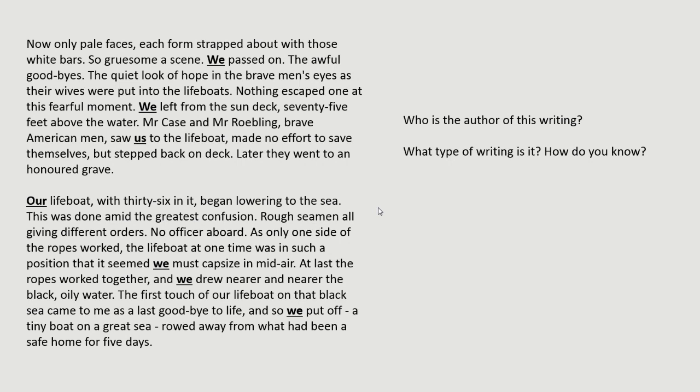Now, I've already told you, I told you it was a survivor's recount. They're recalling the event of witnessing the moment the Titanic went down. Now, how do we know this? Well, looking at the use of personal pronouns and the fact that it is in the first person, we know that it is a personal piece of reflective writing.